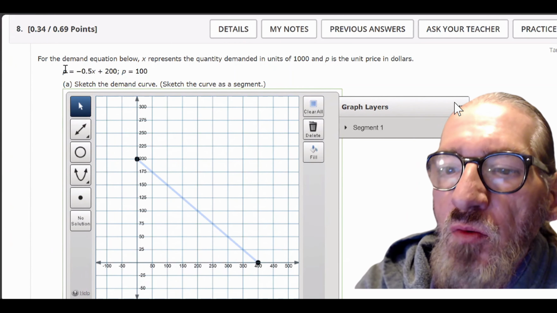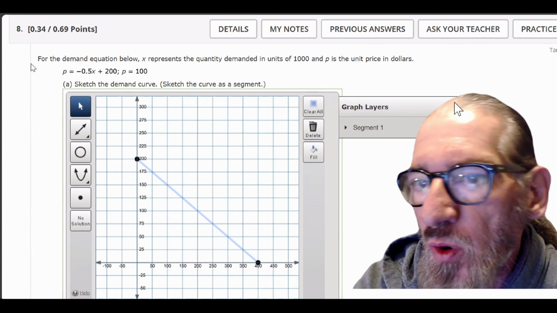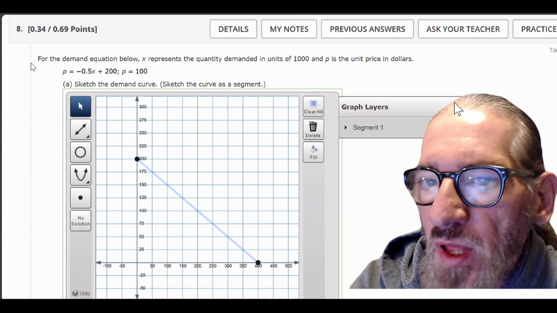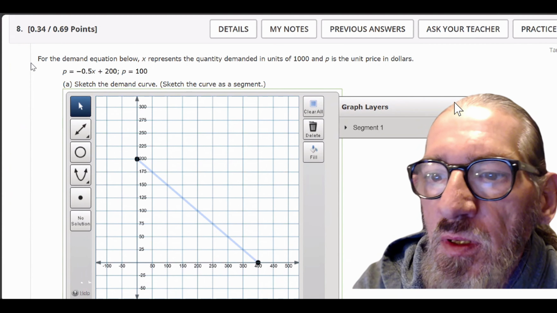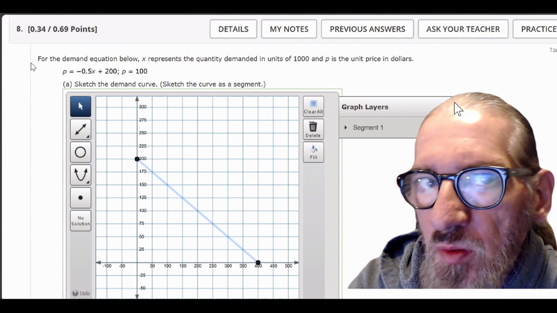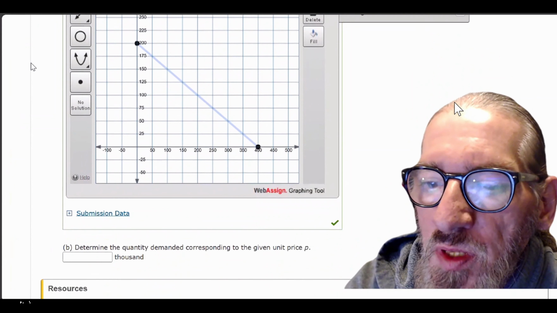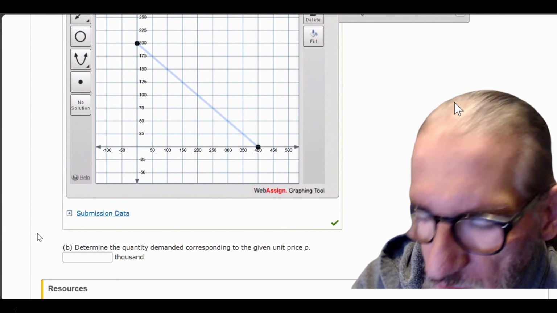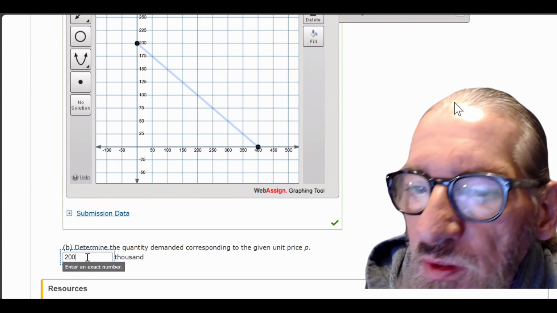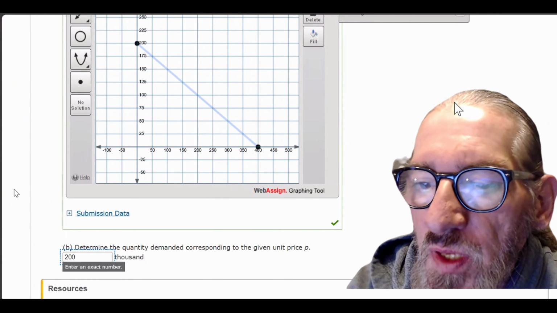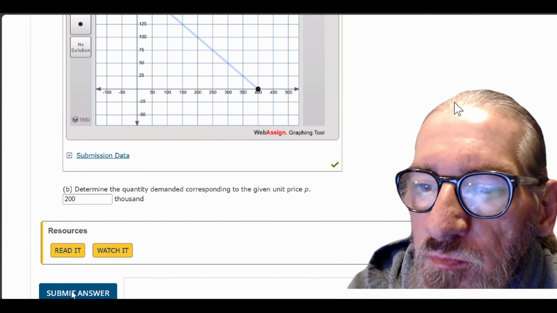If we put 100 in for P, subtract 200 from both sides, and you'll have negative 0.5x equals negative 100. Divide negative 100 by negative 0.5, and we'll get that when the unit price is 100, then 200,000 of the units would be demanded.